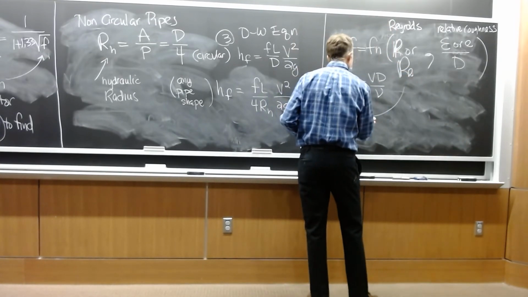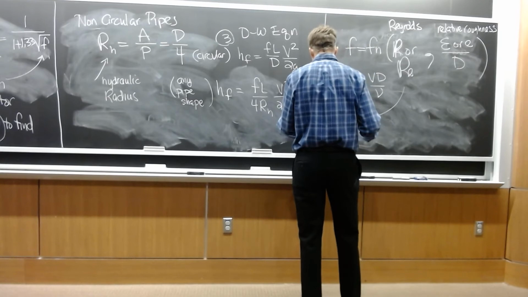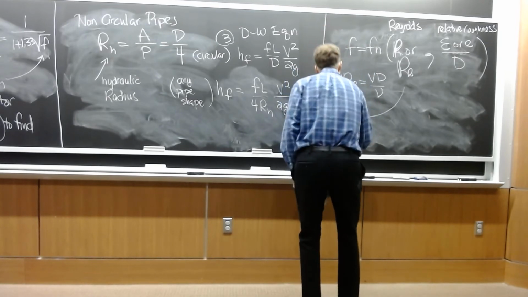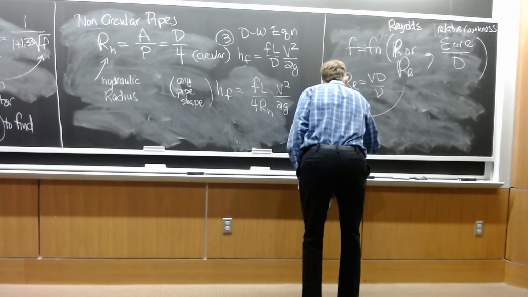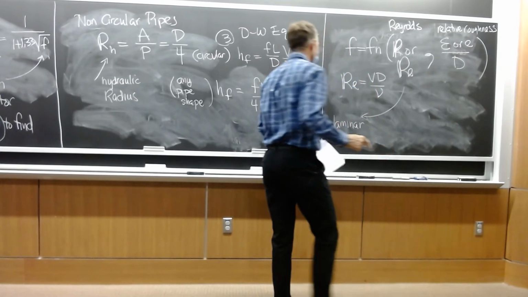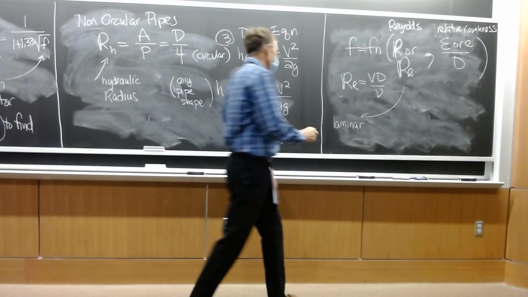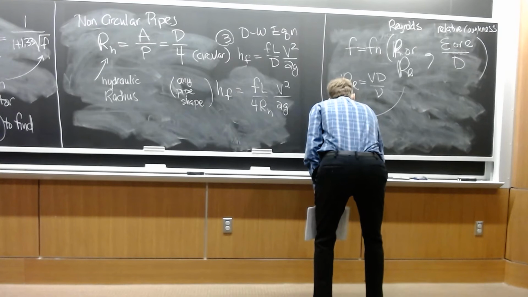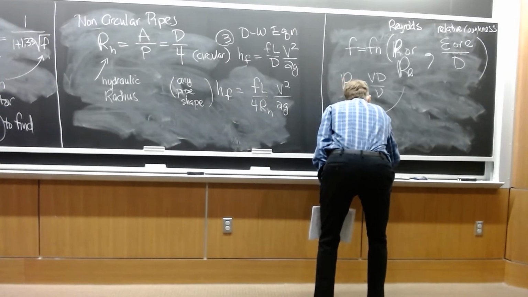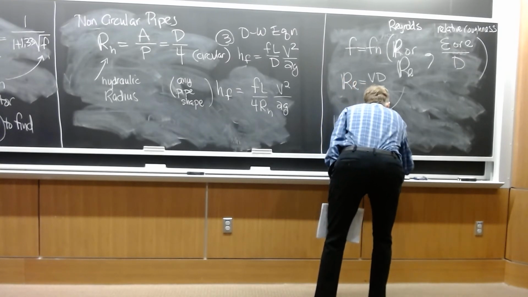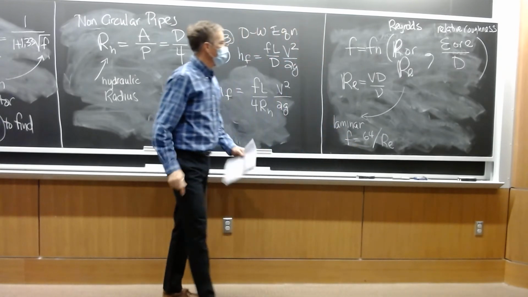What we had said is that there's a value for the laminar flow case that's very simple. It's just 64 over the Reynolds number.